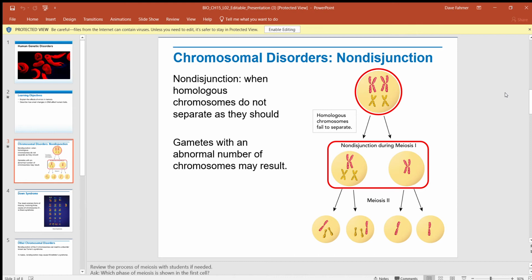And those chromosomes are going to carry the same information. They'll be carrying genes for the same traits. So that's why they're called homologous chromosomes. So we have 23 pairs of those, and in each one of those pairs, they're going to be carrying the same traits. Now, they may have different alleles for those traits, but they're carrying the same traits. So that's why they're called homologous.